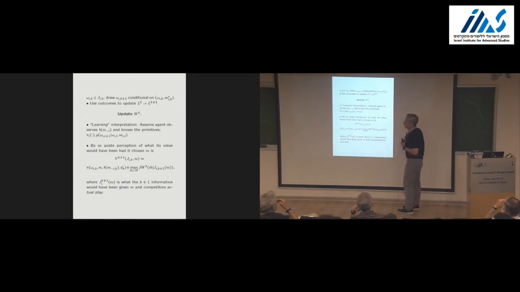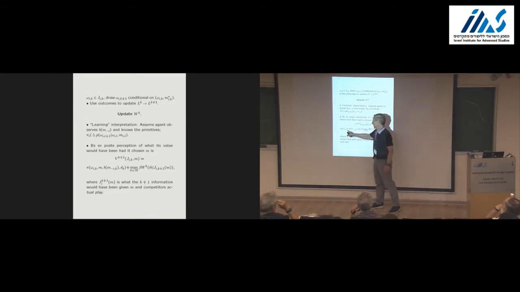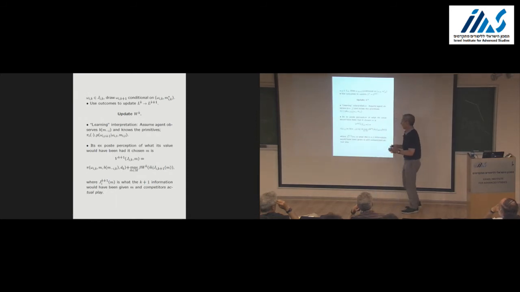So its ex post perception of the value it got this period, ex post, okay, is I know what my omega is. I know what my m was. I saw what the prices of everybody else was. This is an aggregate state like Murtaugh's demand states, okay? So I saw that. I could fit it in. For any policy, I can fit this in here, okay?